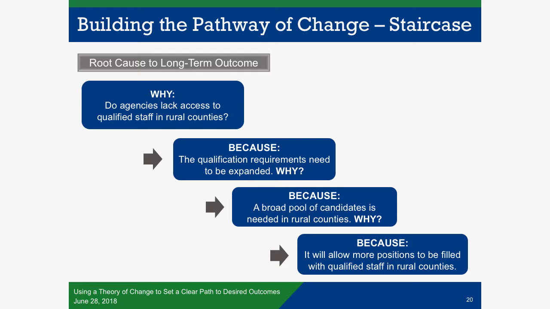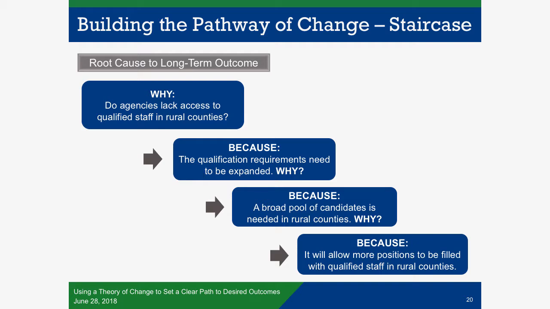So let's take a look at this example. Let's assume that the root cause here is that child welfare agencies lack access to qualified staff in rural counties. So the question is, why do child welfare agencies lack this access in rural counties? This is at the top of our staircase where we're starting with our root cause.